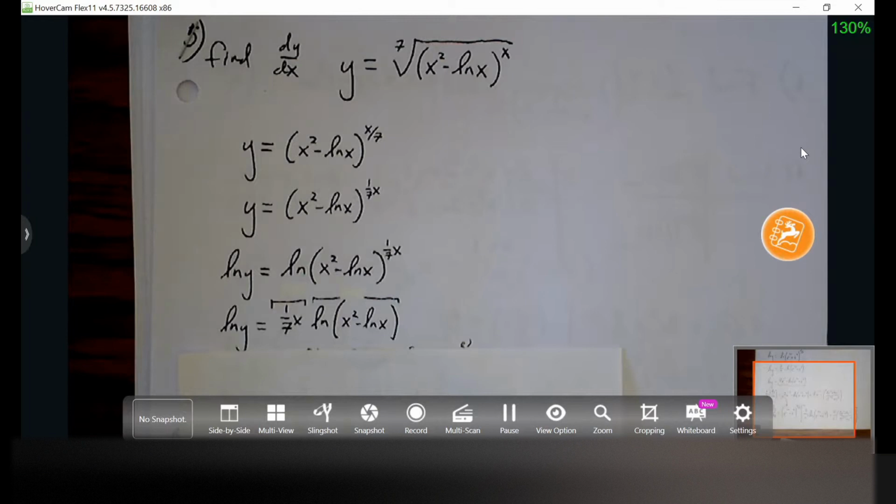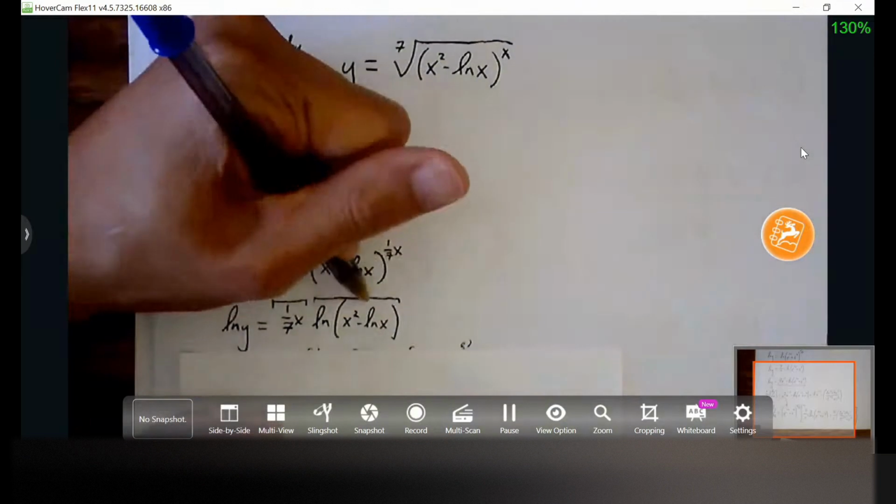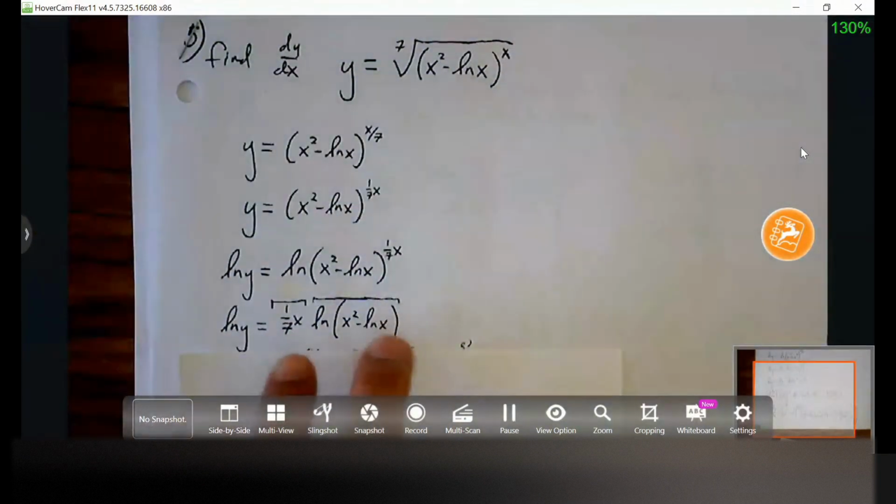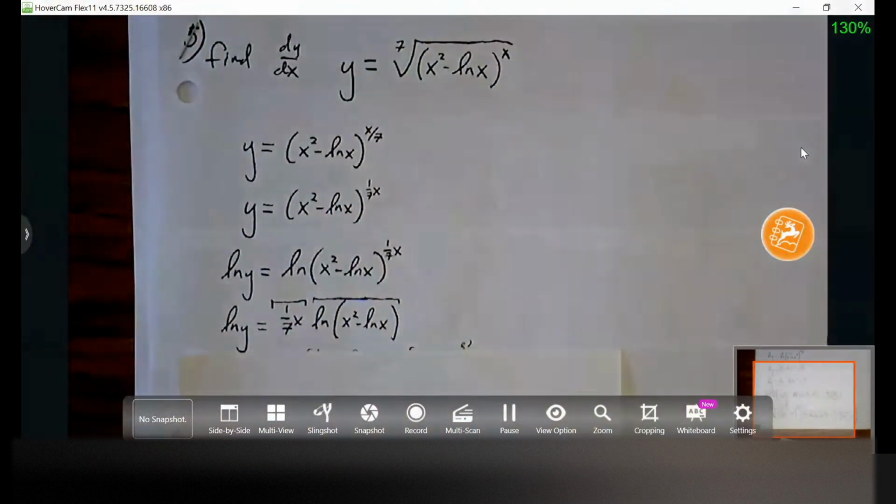What would the derivative of x over 7 be? It would just be 1 over 7. Okay, product rule on this side here.